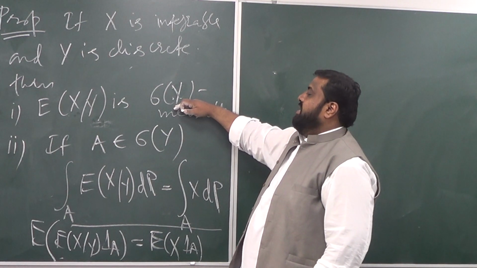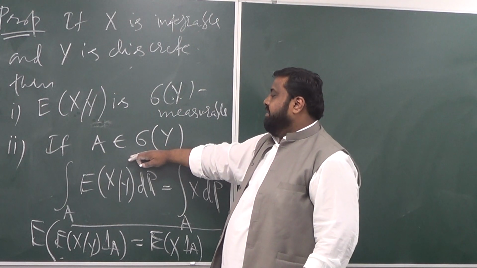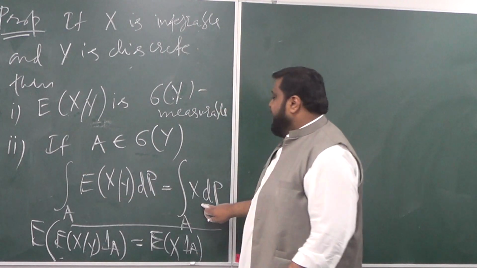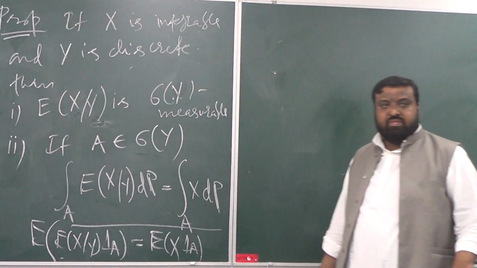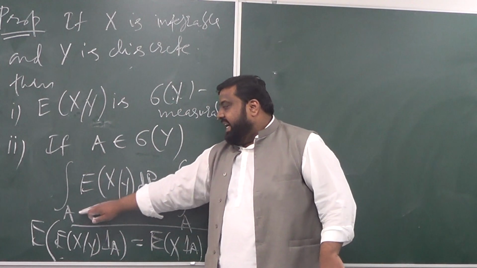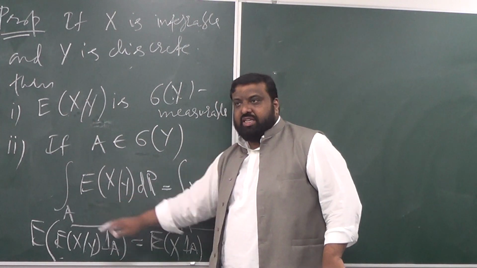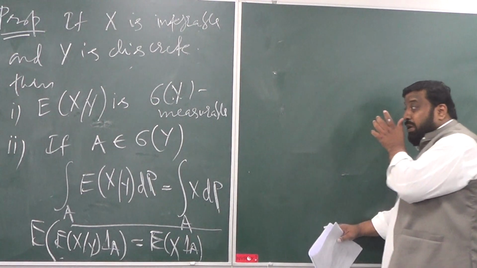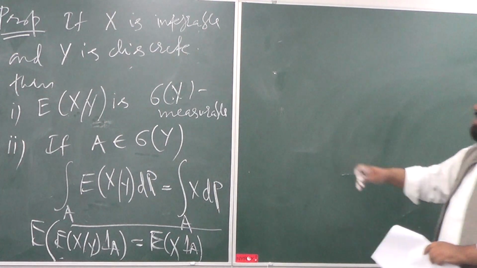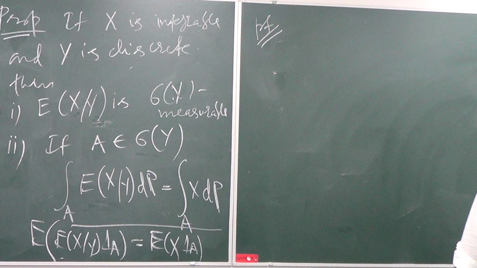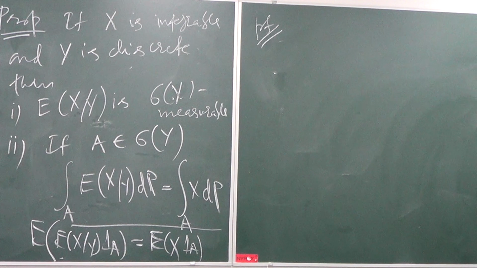And if A is a measurable set, then the integral of the conditional expectation and the integral of the random variable over this A must agree. The first one is very simple. Why is it simple? Think about it.